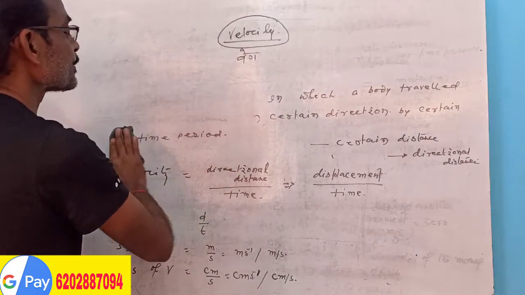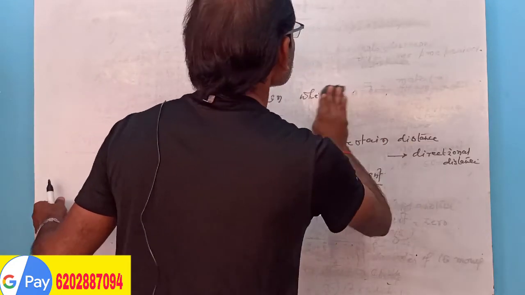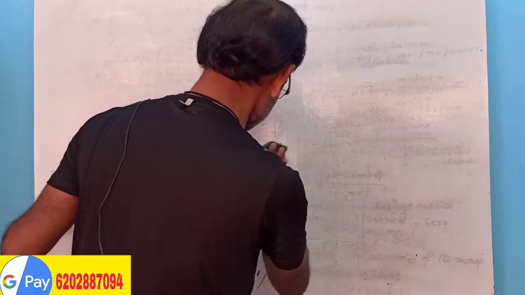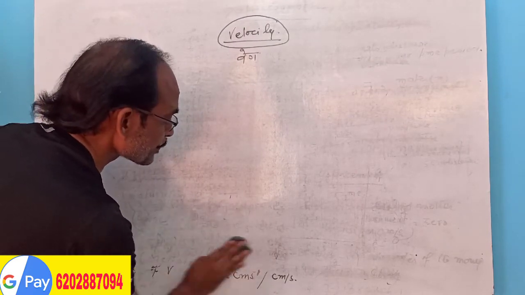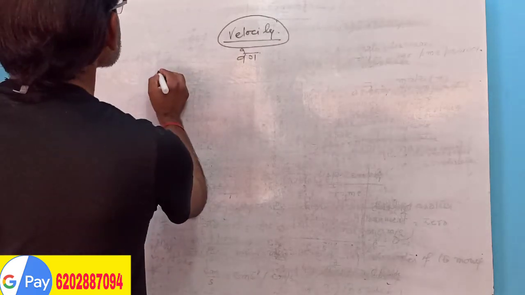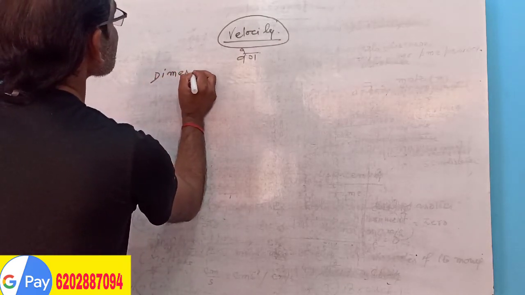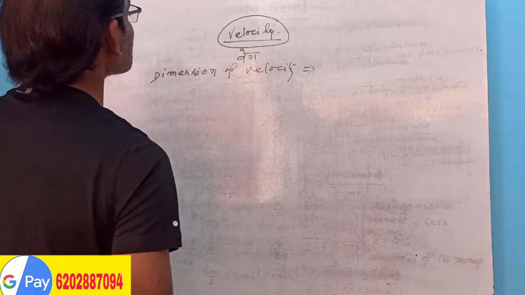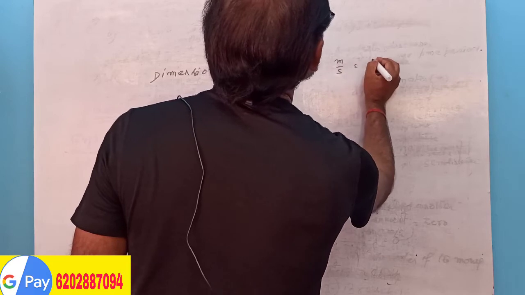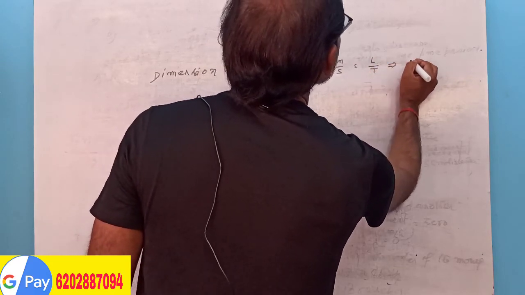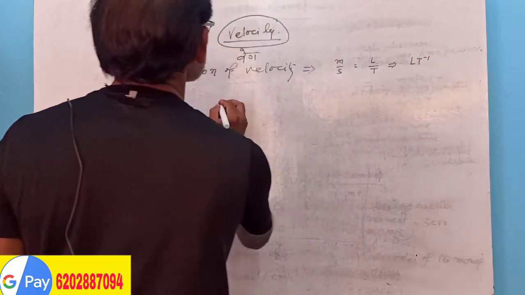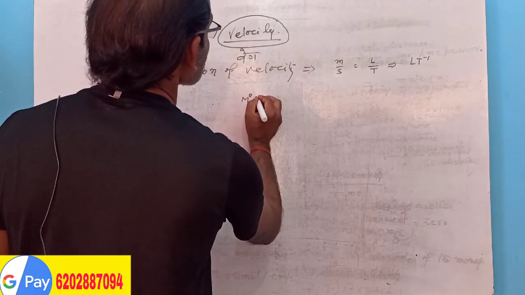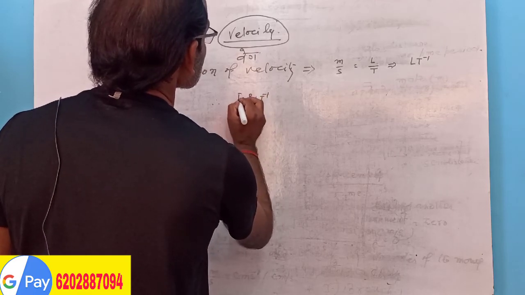Now about the dimension of velocity. Dimension of velocity equals m by s, that is L by T, that is L T⁻¹. Therefore, mass is not present, so M⁰ L T⁻¹.